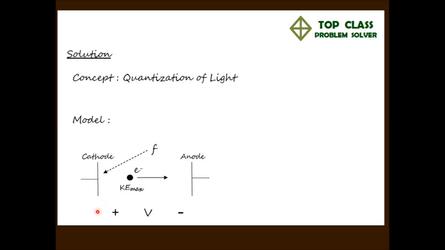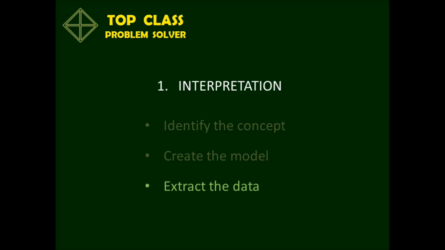Lastly, we show the application of a potential difference that would impede the flow of electrons from the cathode to the anode. At the so-called stopping potential, the flow of electrons from the cathode to the anode just ceases.